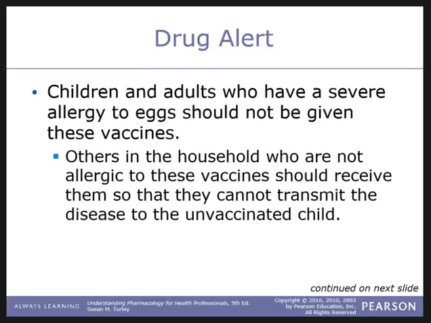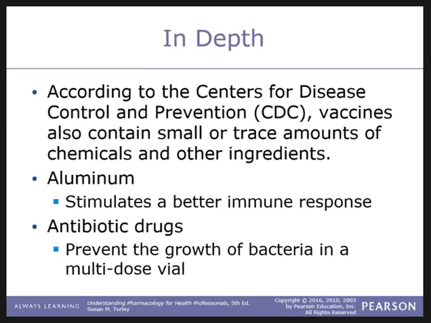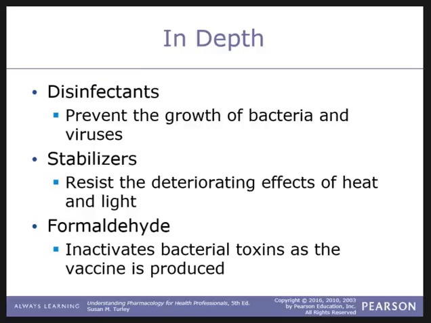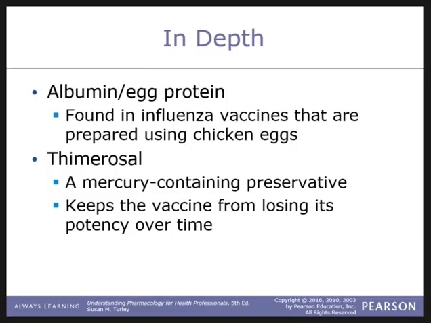Some of the concerns with vaccines, the book talks about some additives, including aluminum or antibiotics, disinfectants, stabilizers, formaldehyde, albumin or egg protein, as I just discussed, and thimerosal. Now, thimerosal contains mercury, and that's one that people have focused in on with the thought that vaccines can have an impact with autism, and all the studies have shown that this is not true.